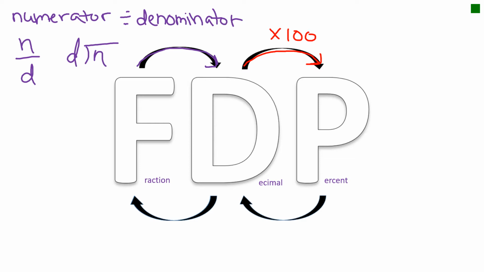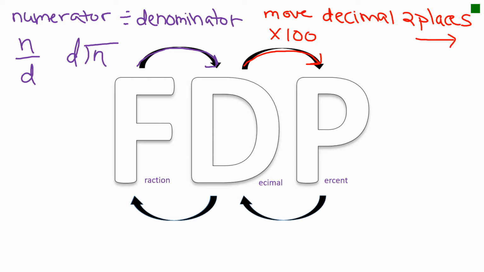Each time we multiplied by 10 for scientific notation, we moved the decimal 1 place. Well, multiplying by 100 is like multiplying by 10 twice. So we're going to move our decimal 2 places to the right.